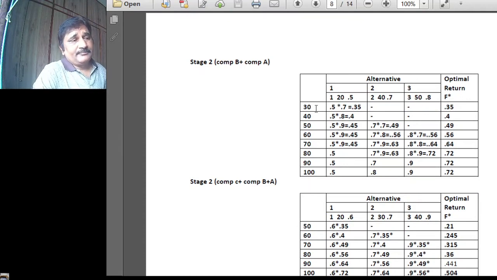So here you may wonder why I am taking the states from rupees 30 to 100. Okay, there is a reason for that. If I take the state of rupees 10 only, then what may happen? This component B is costing me rupees 20.